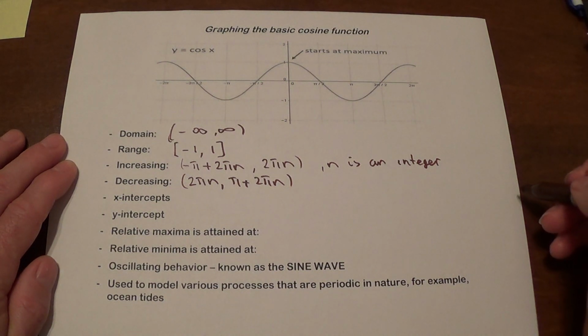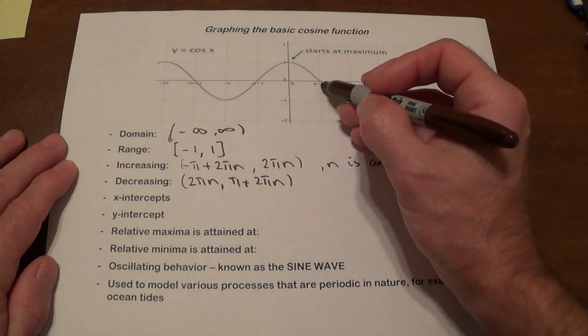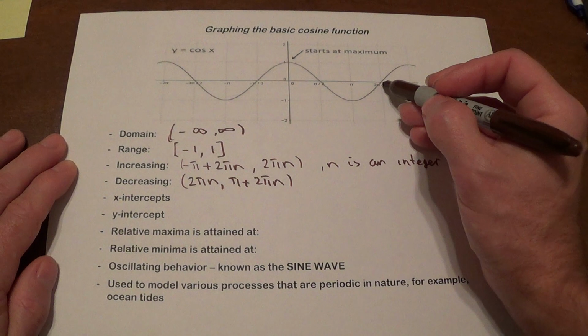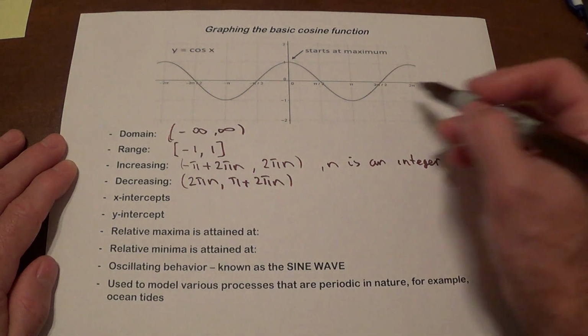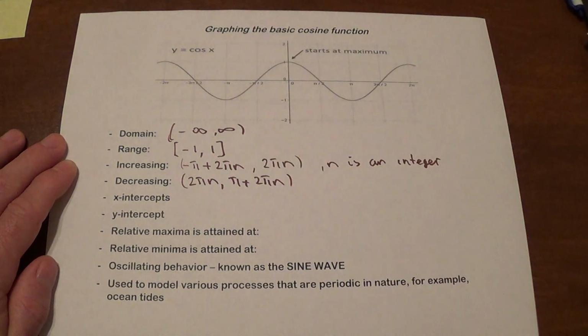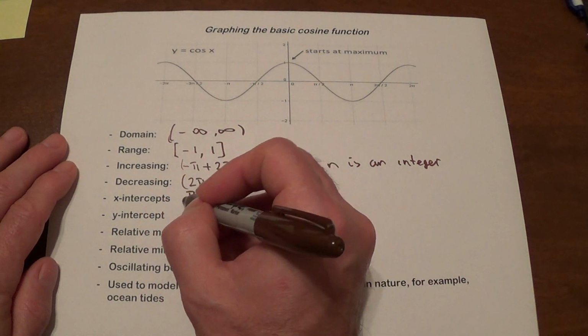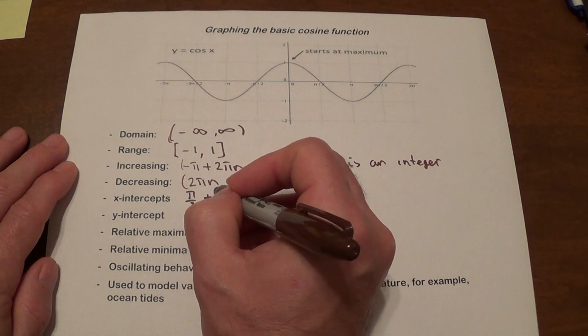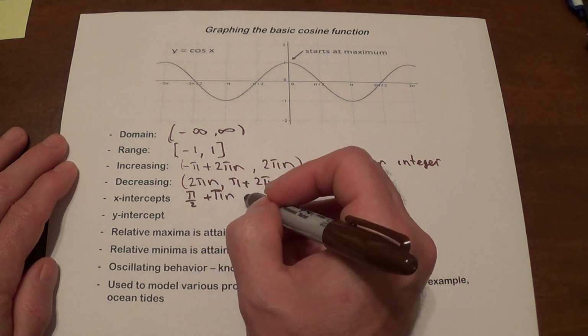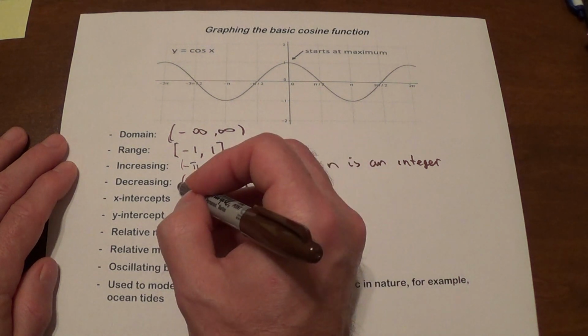It has x-intercepts at pi over 2, and then every pi from there: 3 pi over 2, 5 pi over 2, 7 pi over 2, negative pi over 2, negative 3 pi over 2. So it's going to have multiple x-intercepts: pi over 2 plus pi n.